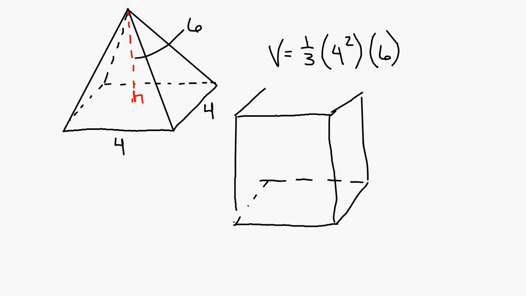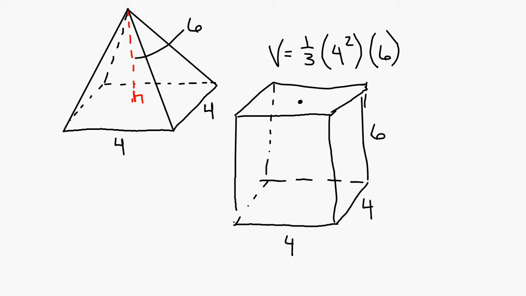This is what we did last week. Look, if this was 4 by 4 and it was 6 high, same dimensions as this pyramid, right? Well, how much of this prism on the right is not there?